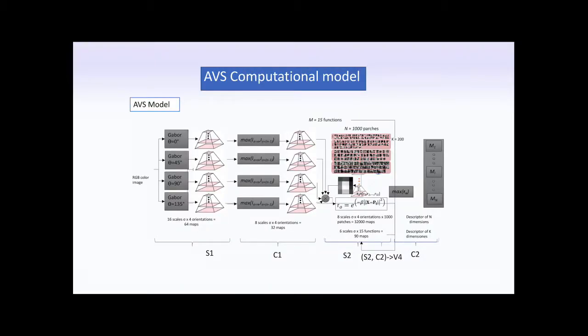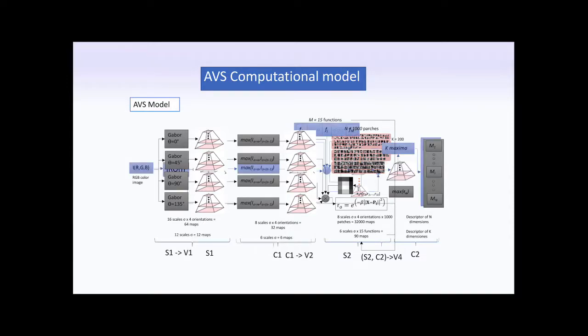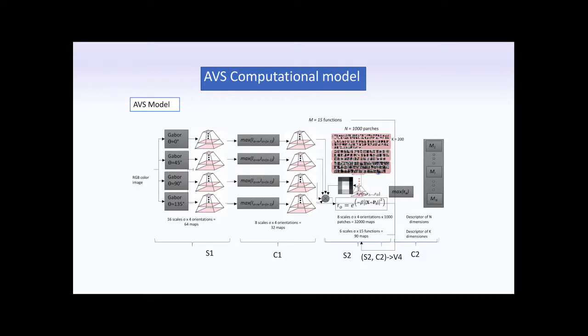Traditional models follow this: the image enters and it is separated by several Gabor filters. Then it uses the max operator, and after some invariance, this is combined with a dictionary of patches to recreate the descriptors at several dimensions.